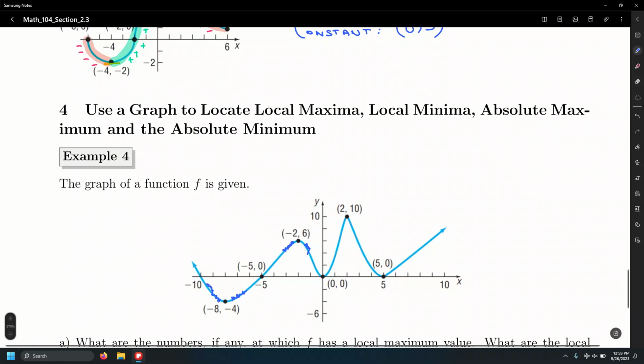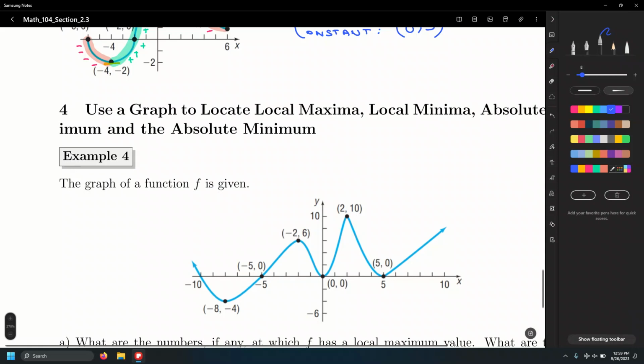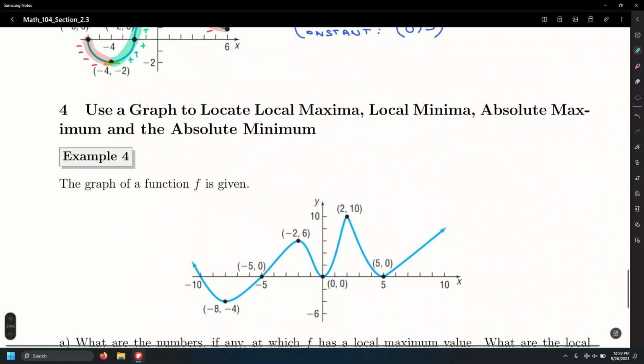From the picture here, we can easily identify the maximum and the minimum values because minimum means the smallest, maximum means the largest. But here's the problem. If we talk about the maximum, this one is a maximum, and this one is another maximum.